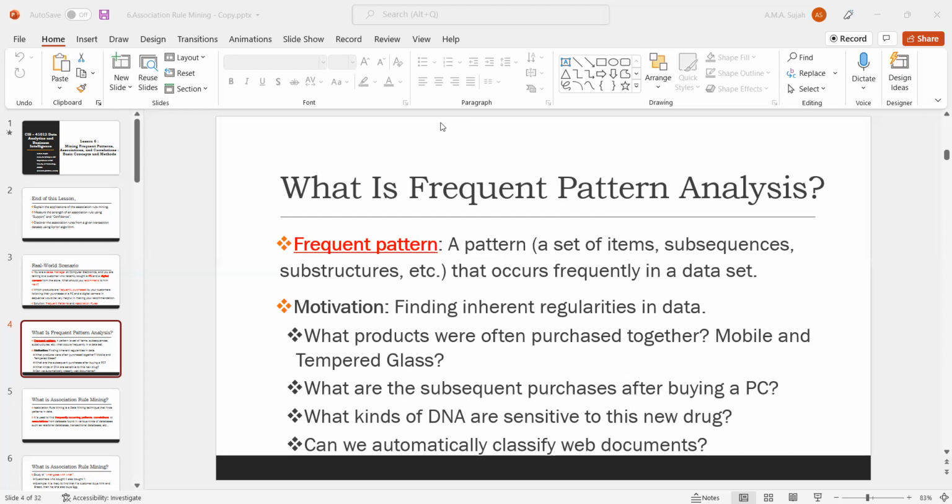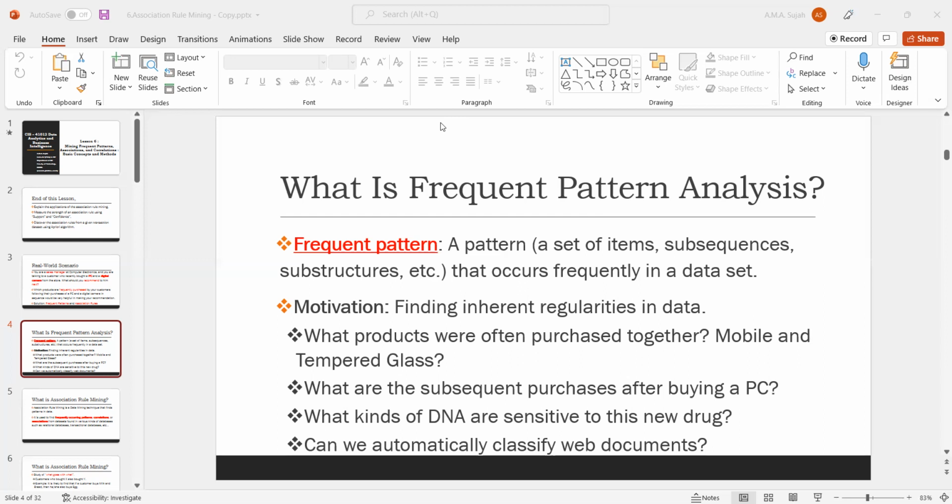Is it possible to manually find the pattern? It's not a simple task. You need to spend more time on manual pattern recognition. Am I correct? A frequent pattern means something that occurs frequently in the data set.